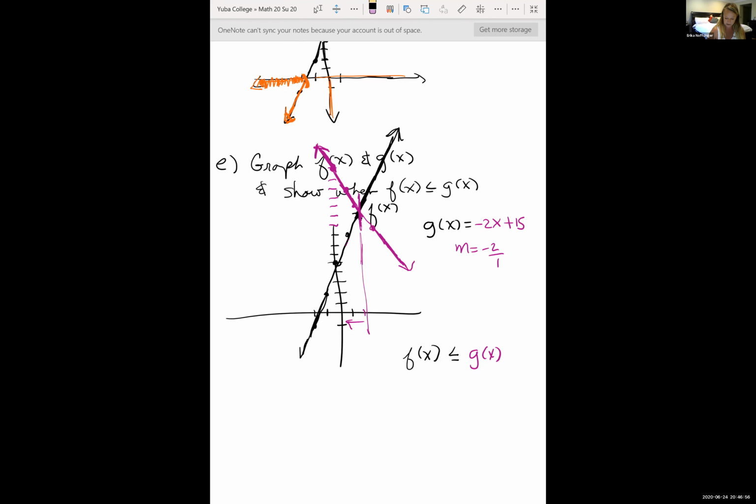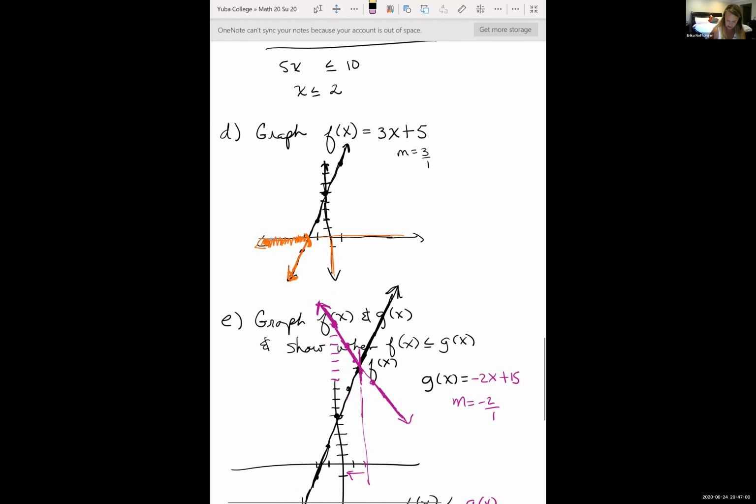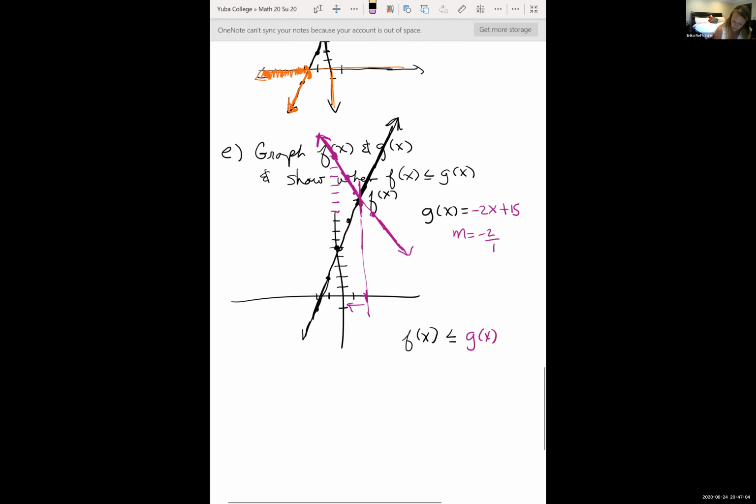So we saw that was when x was less than or equal to 2. Does that make sense?